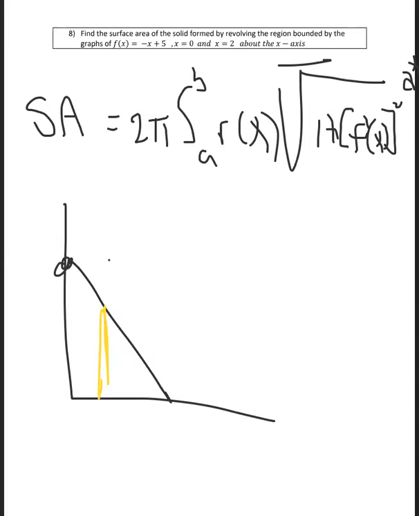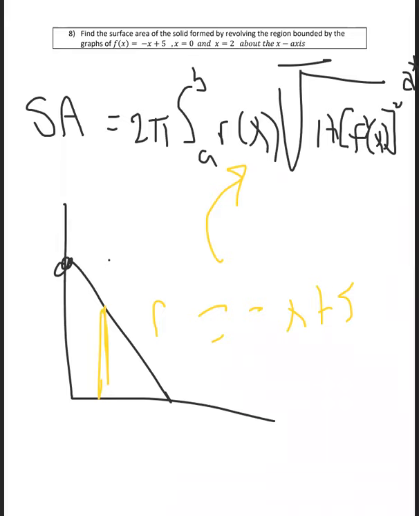So r is just the equation, because the distance from that is really just the equation itself. Does that make sense? So that's really what r is. Just keep that in mind. It's easy, but it's something you have to plug in when you're doing the integral.